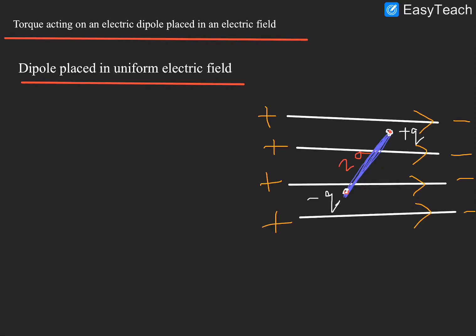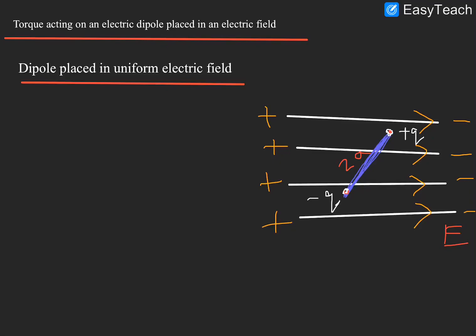Now you can see that the electric field is in the horizontal direction, but the dipole is making some angle with the electric field.